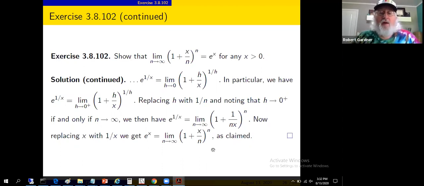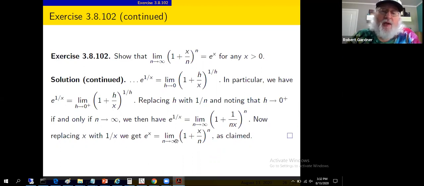There's e to the x, that exponential function written in terms of a limit. By the way, I don't think this is mentioned in the notes, but if we took x equal to 1, we'd have e to the 1, we'd have e equals the limit as n approaches infinity of 1 plus 1 over n to the n power.